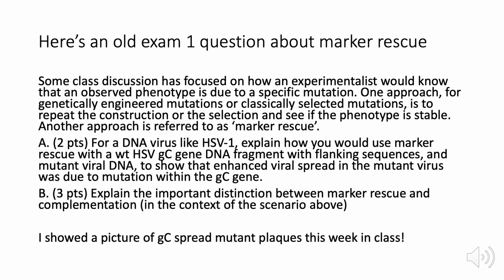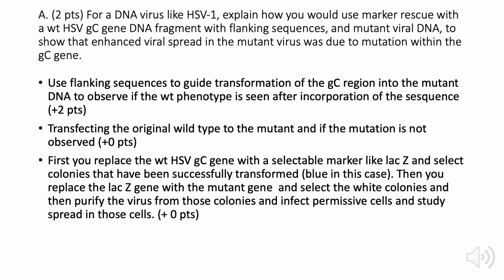Okay, so we'll look at some student answers from last year that I have approval to use to improve teaching and learning, for the answer to part A. So, for a DNA virus like HSV1, tell me how you would use marker rescue with a wild-type GC DNA fragment that contains flanking sequences and presumably mutant viral DNA to show that the enhanced viral spread in the mutant virus was due to a mutation within the GC gene.